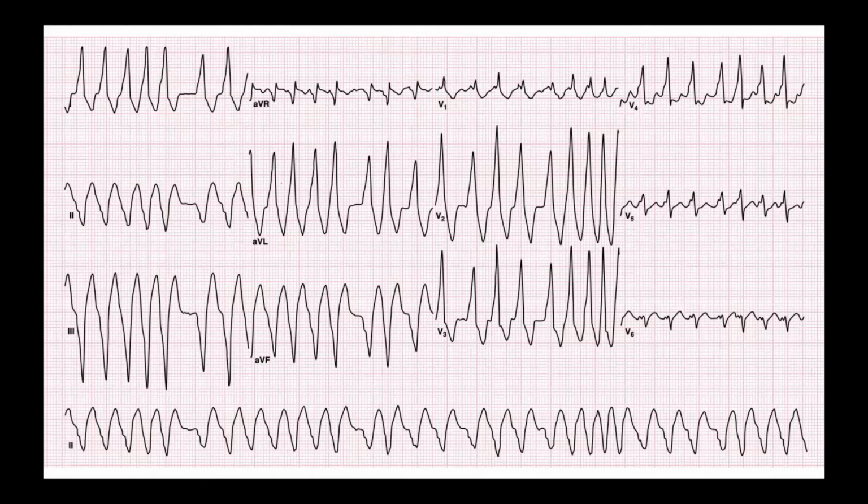You see something unique in this QRS. Is there any delta wave? Yes, exactly, the delta wave. You have a delta wave. And it's irregular, so this is atrial fibrillation plus WPW. Yes, delta.